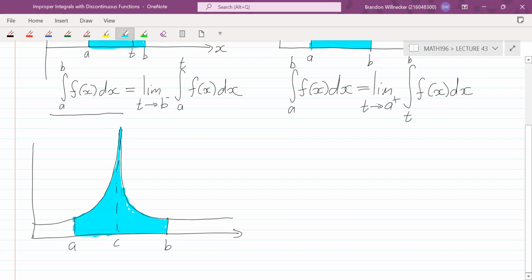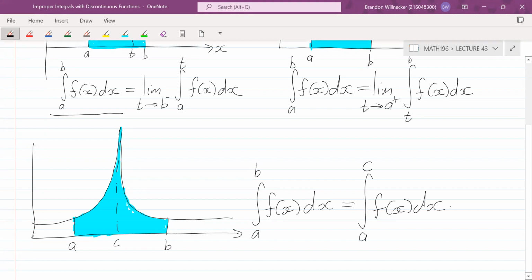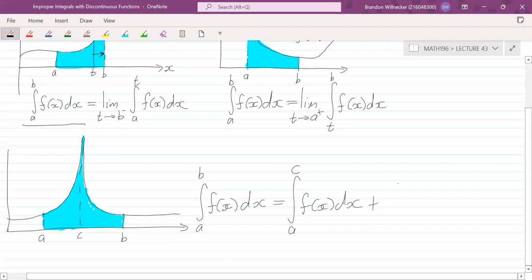So the way that we do this is to split this integral into two parts. We find the integral on the left-hand side of the asymptote and add it to the integral on the right-hand side of the asymptote. So if we're integrating from a to b, f of x dx, then we deal with the left-hand side. So that will be the integral from a to c, f of x dx, plus the integral from c to b, f of x dx.